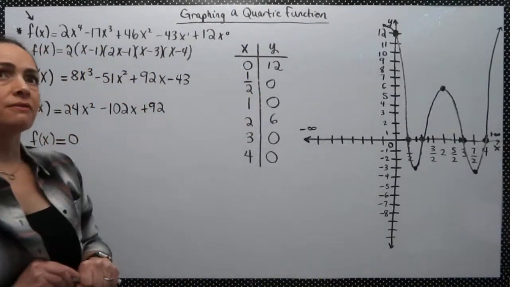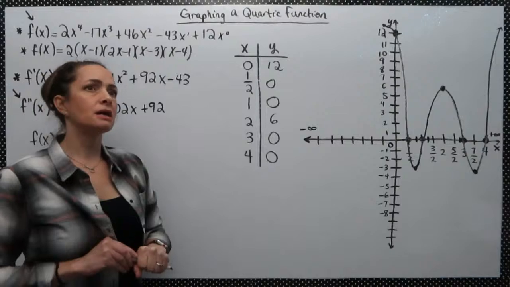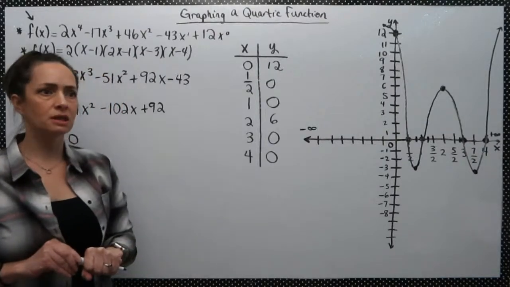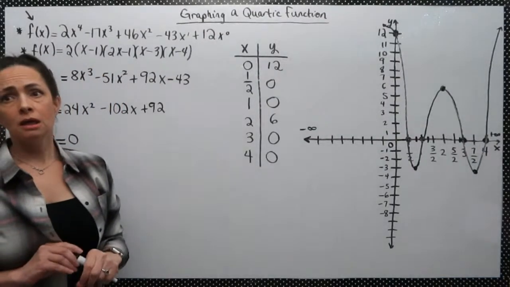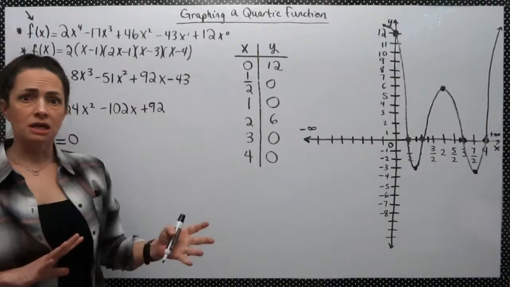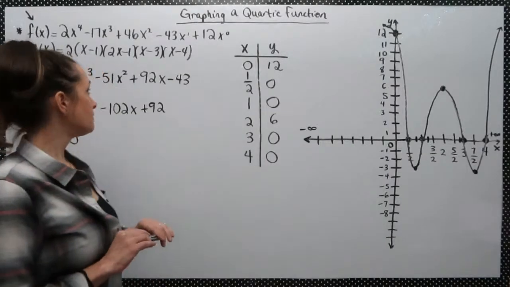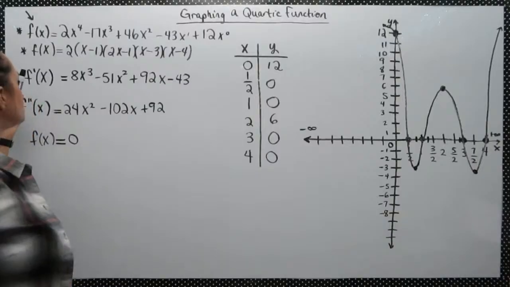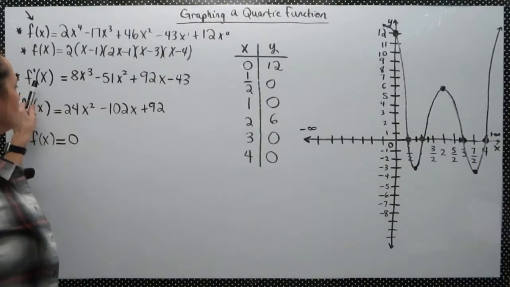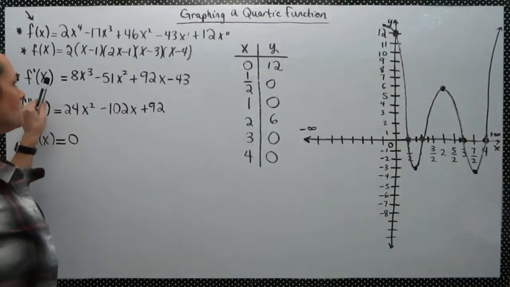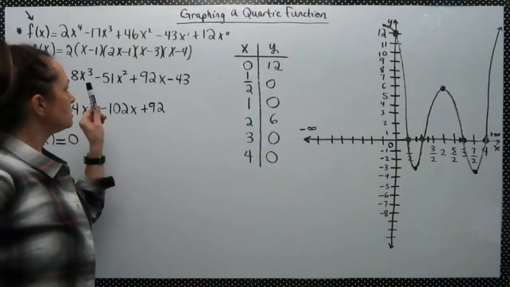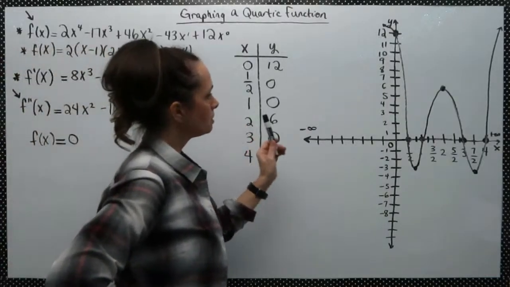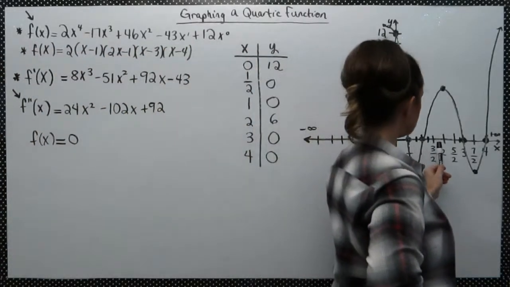Part of the theory in calculus, one of the applications of calculus, is that if you solve the first derivative set equal to 0, it's going to tell you the exact values of your critical points.